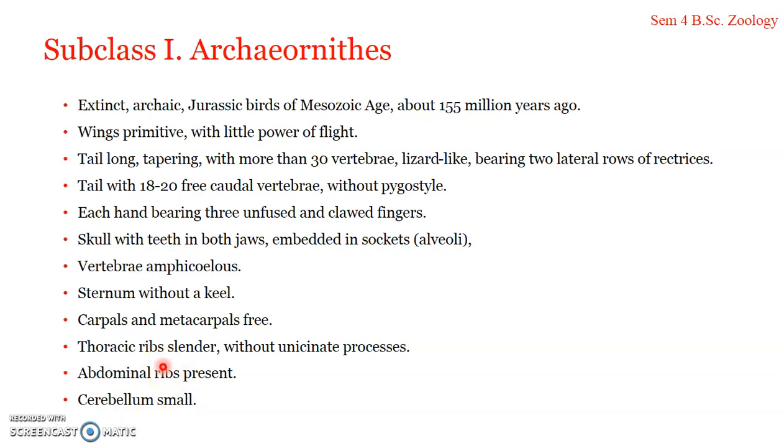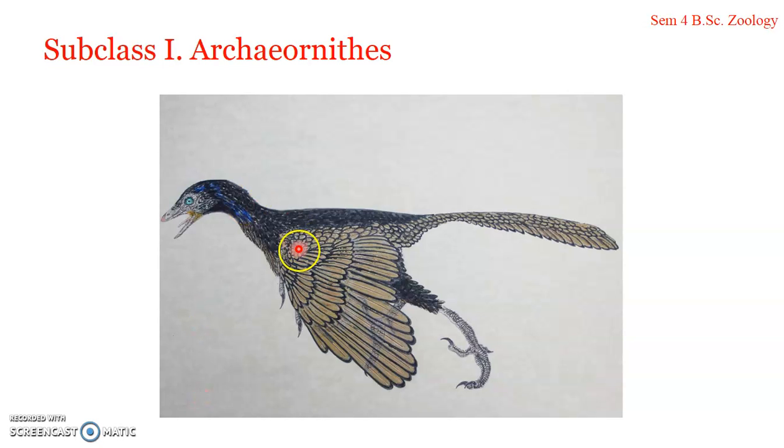These abdominal ribs are absent in modern birds. The skull was almost similar to modern birds, with a rounded brain case, but the cerebellum was small. Here is a pictorial representation of Archaeornithes.